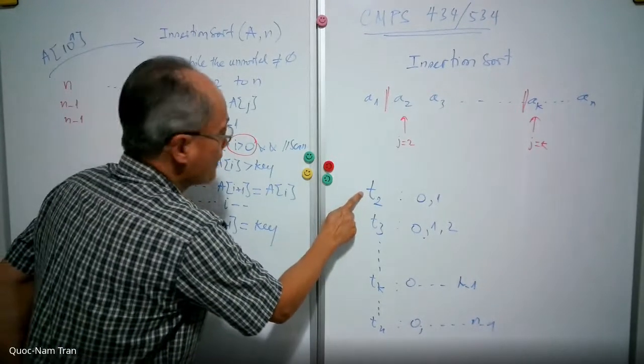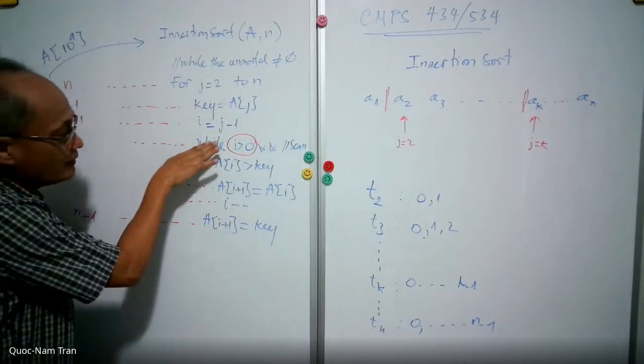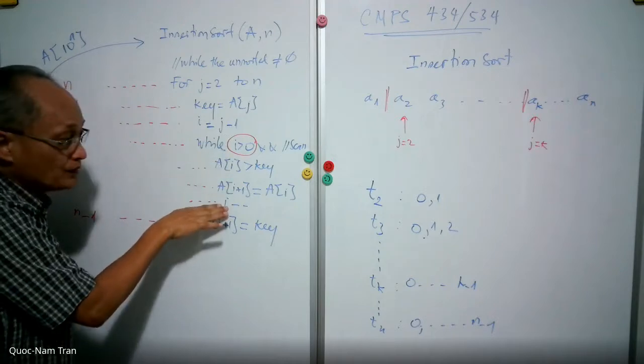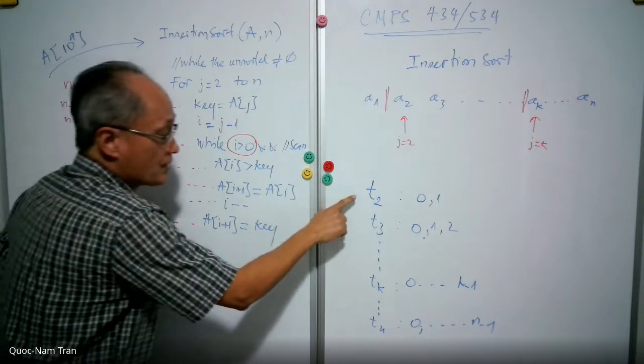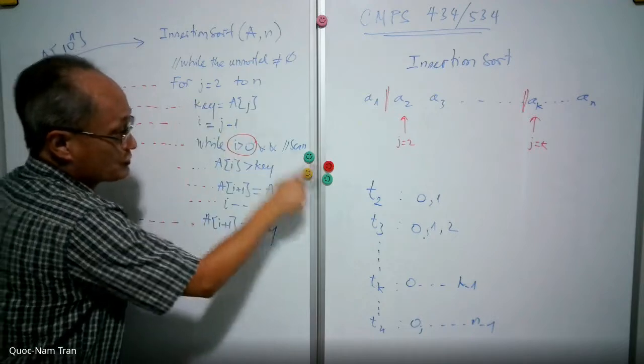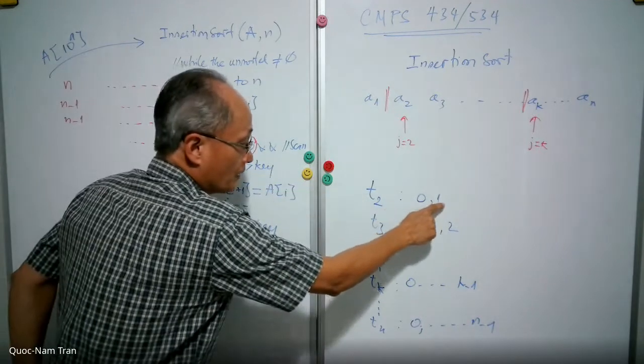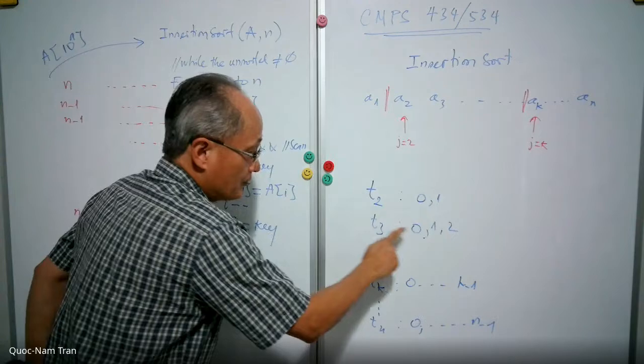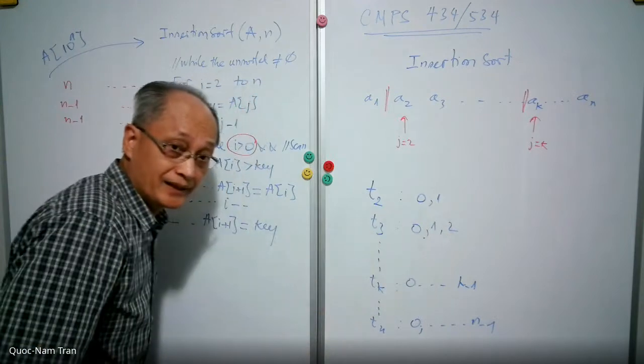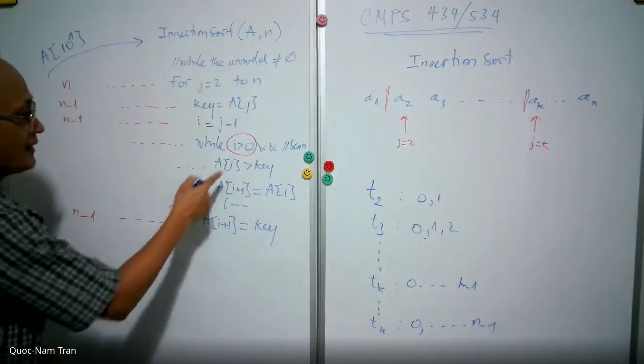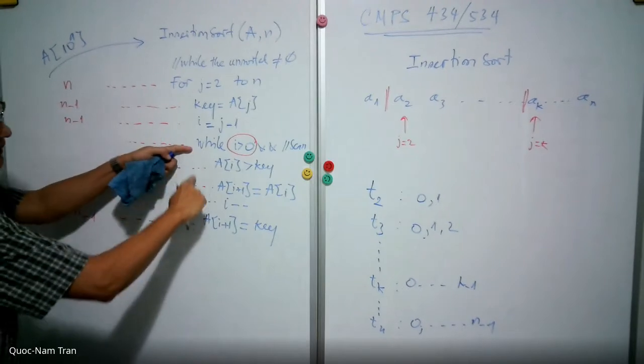The number of times the while loop condition can be true for j is 2 can be 0 or 1, T3 can be 0, 1, or 2, right?